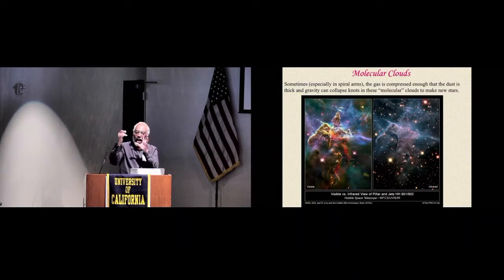Now, as it collapses towards making a star, it'll then begin to heat up. One of the things that we can talk about in the course is release of gravitational potential energy. So as the thing is collapsing, it is actually releasing energy, and that will heat it up. So by the time we get to that disk I was showing, you might be up to a few hundred Kelvin in the inner part, so warmer than room temperature, in the interior of the disk near the star.